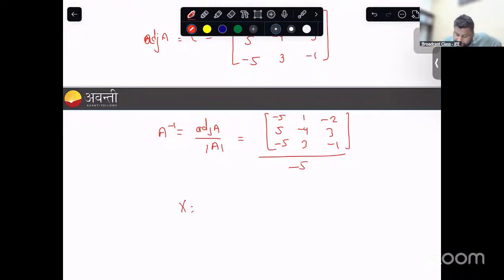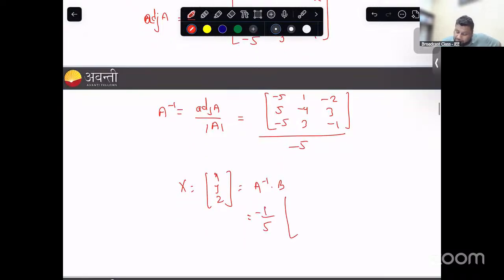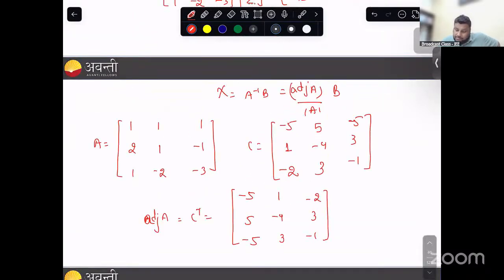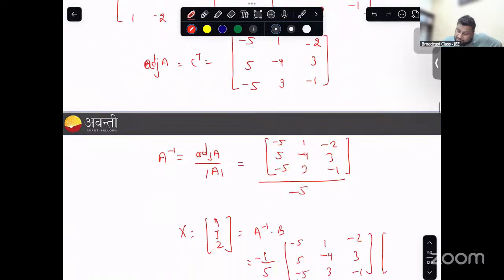Now X, which I have taken as x, y, z, is basically adjoint A. And now see, directly I'll write inverse A into B. So it is -1/5 of the inverse multiplied by B. B is what? 3, 2, -4.